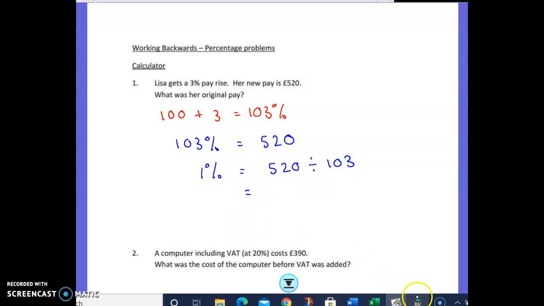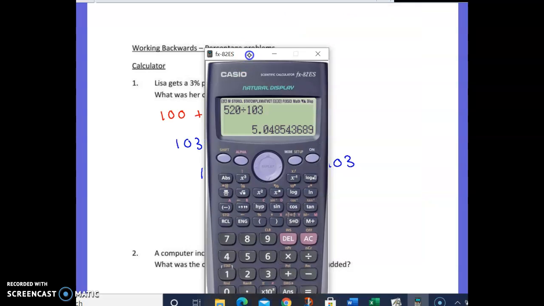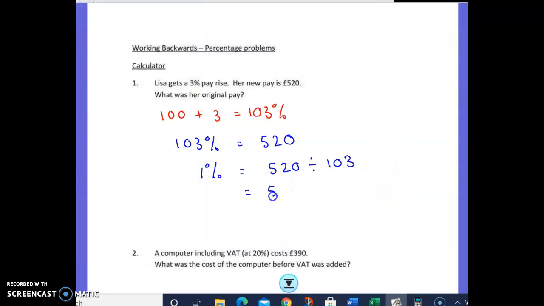Careful when you're doing this. You're going to end up timesing this by 100, so make sure you give yourself plenty of decimal places. We don't want just 2 decimal places, we want 4. 5.0485.